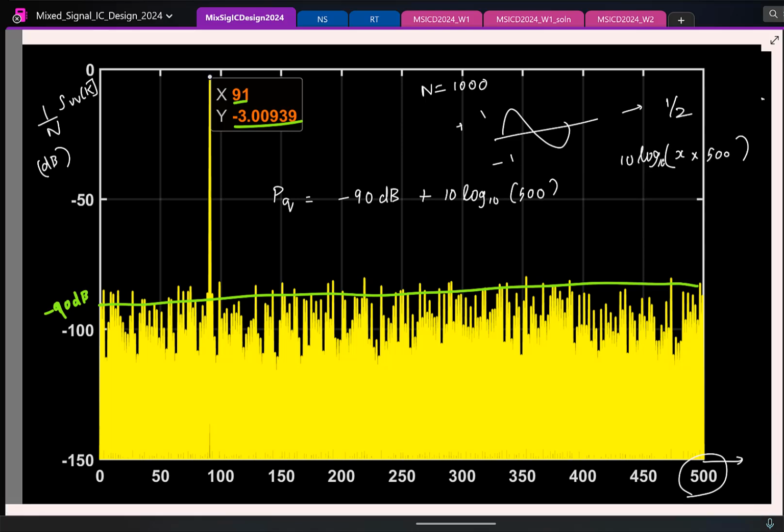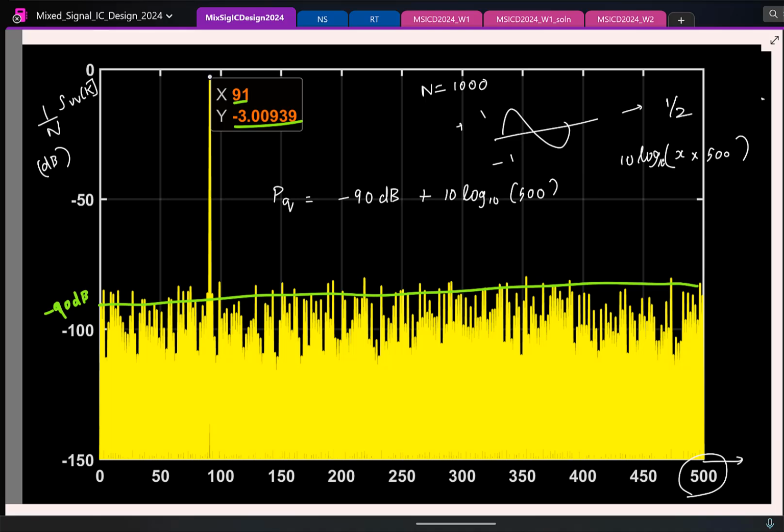You're engineers, right? No need to crunch numbers. 500 is 1000 by 10. 10 log 1000 is how much? 30. 10 log 2 is? Come on, people.